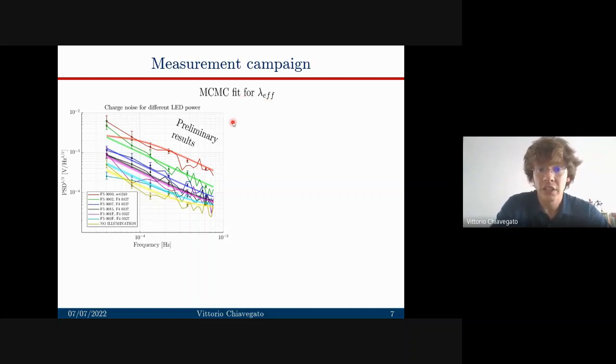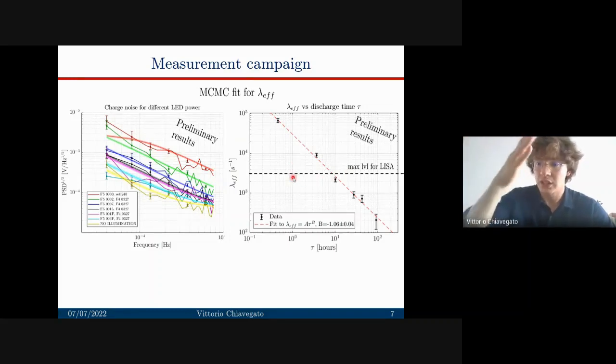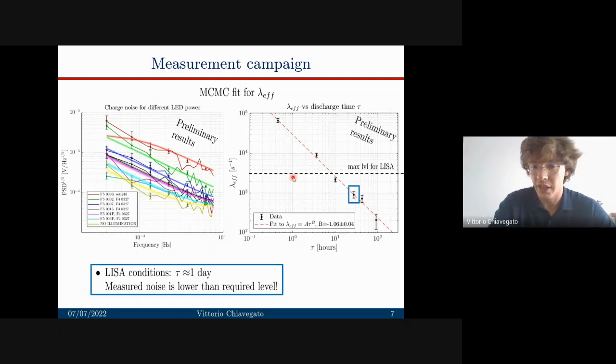What we obtained is this plot on the right, where you are seeing the charging rate as a function of the discharge time. First of all, I want to observe that the maximum level of noise allowed for LISA is this one, and you can see that when I choose a discharge time of 1 day, I'm lower than that level.